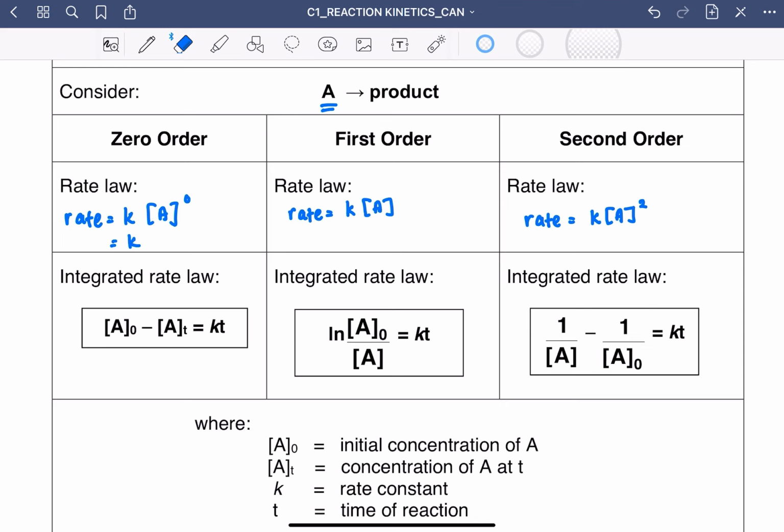Lucky you, no need to know how to integrate this rate law to get this. Actually it comes from this, you integrate it and it will become this.